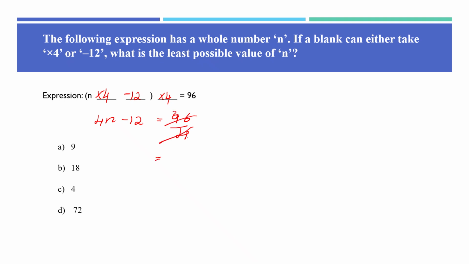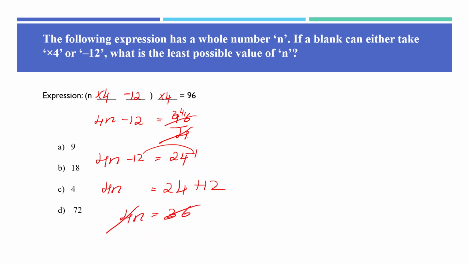So here I guess we're going to get 24. 4n minus 12 equals 24, where we can take it as 24 plus 12, which is going to be 36 if I'm not wrong. And that's 9. Okay, n is 9. Let's make a note. I have one n value as 9. Let me check the other possibilities also.